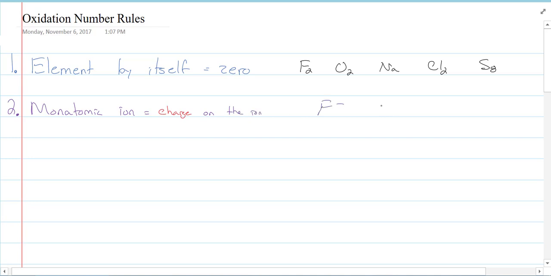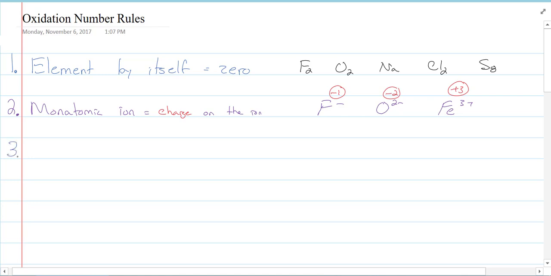So that's F minus, O2 minus, Fe3 plus, etc. F minus would be minus 1, O2 minus would be minus 2, Fe3 plus would be plus 3. Those are our oxidation states. So an element by itself has the same number of protons and electrons, so 0. For a monatomic ion, with a different number of protons and electrons, we can find the difference and get the charge. So the charge is the oxidation state.